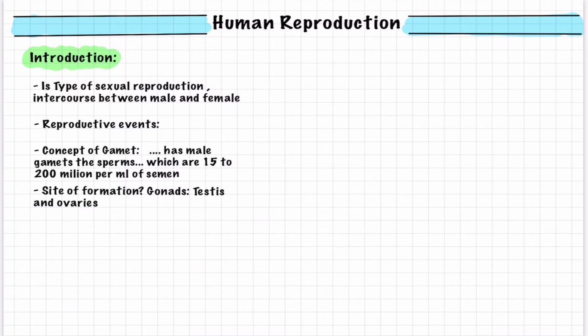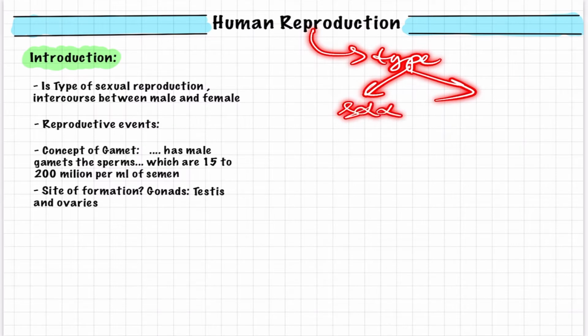So, my dear friends, when we start the study of human reproduction, the basic question that arises is: what type of reproduction is this? Is it sexual or asexual?